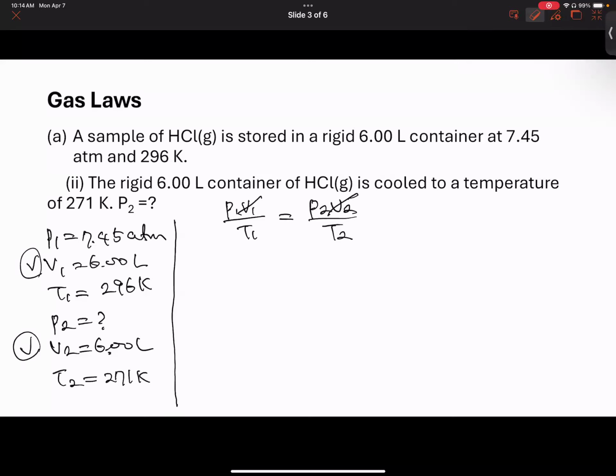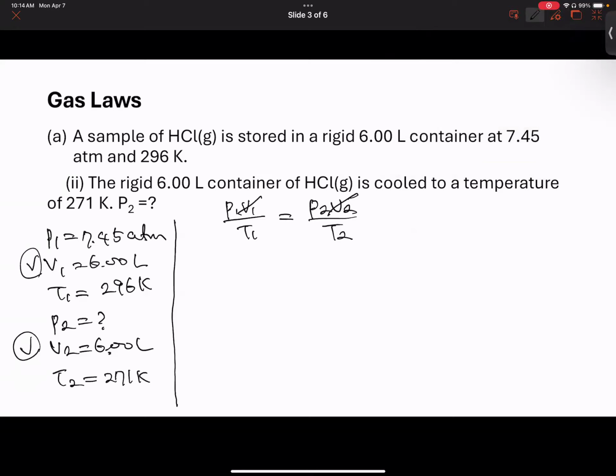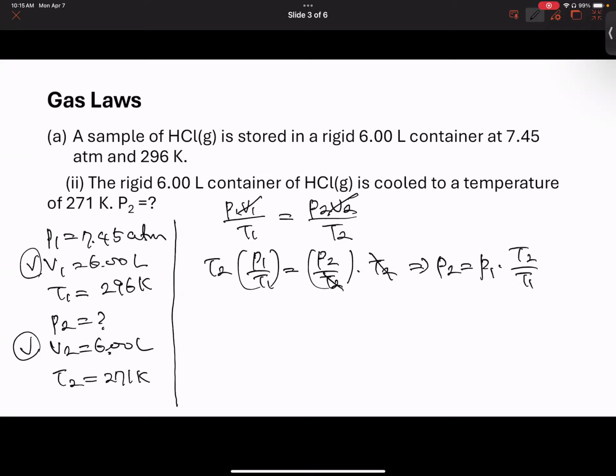And our equation is now P1 over T1 is equal to P2 over T2. So let's multiply T2 on both sides to find P2. So T2 cancels out. P2 is equal to P1 times T2 over T1.